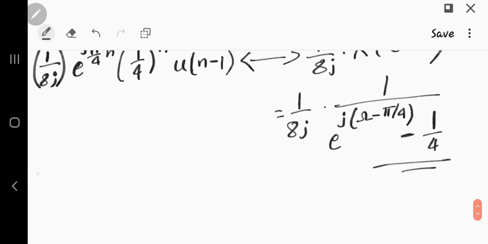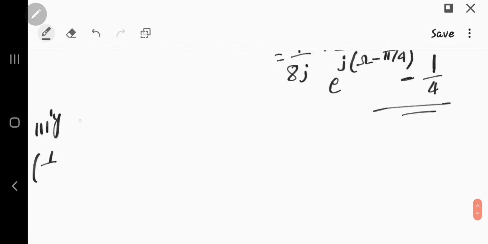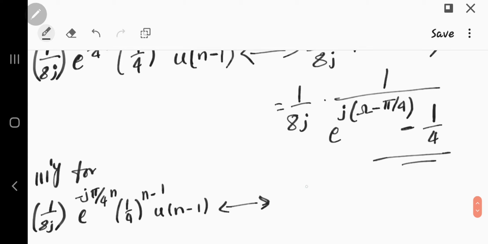So similarly, for 1/8j e^(−jπ/4 n) (1/4)^(n−1) u(n−1), you can write it like this: 1/8j, the same using all those properties.